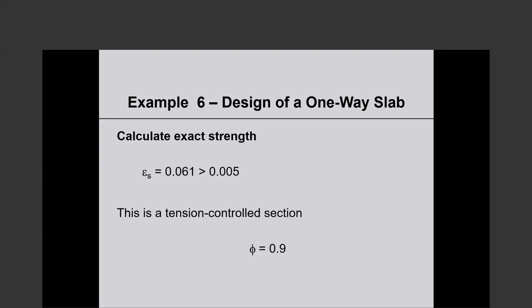Let me think for a second. Haven't we taken care of that by providing minimum reinforcement ratio? Because if the tension strain is high, the concern, I think, will be rupture of the tension reinforcement.